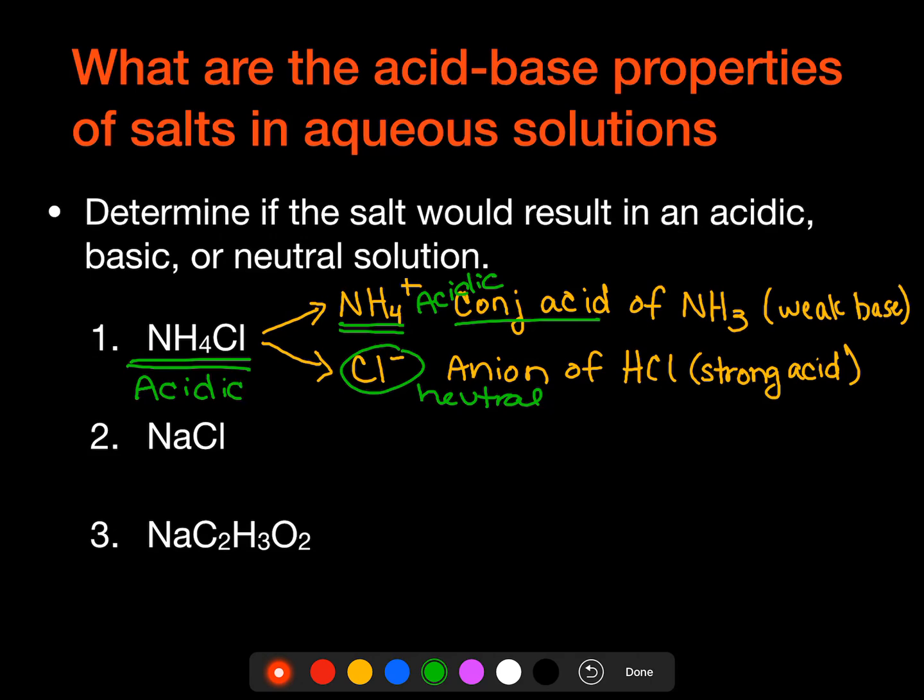The next one we're going to look at is sodium chloride, and we've already looked at chloride. We said that chloride was the anion of a strong acid. So let's take a look at sodium. Sodium, Na+, is the cation of sodium hydroxide, which is a strong base.